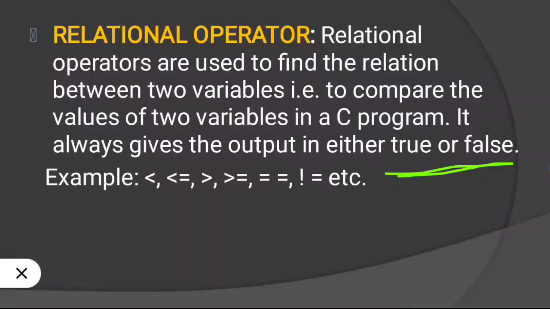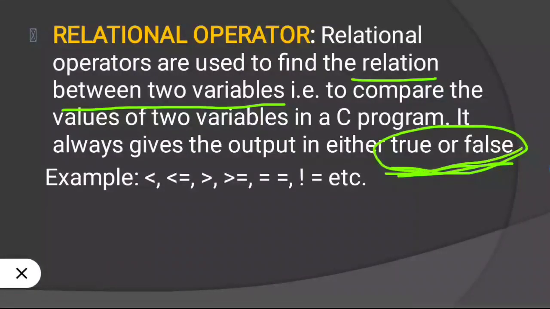When we use any operator to find the relationship between two or more variables, then that operator is called relational operator. And relational operator always gives the output either in true or false.